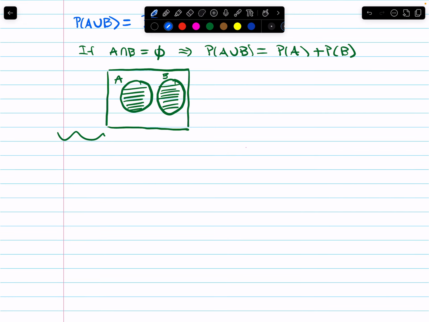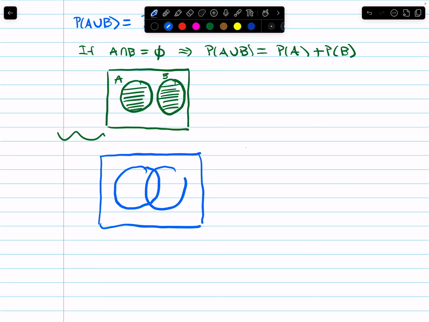But what happens if A and B are not disjoint, or I don't know if they're disjoint? And so I want to account for the case where they may have an intersection. So I draw my Venn diagram this way. And notice now, if I add all of A, and then I add all of B, I'm actually adding this intersection 2 times.